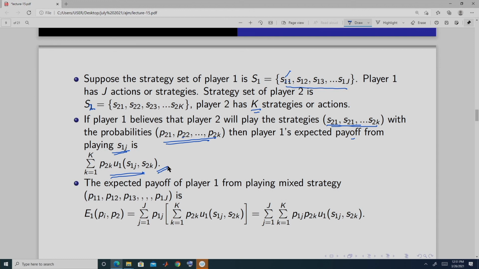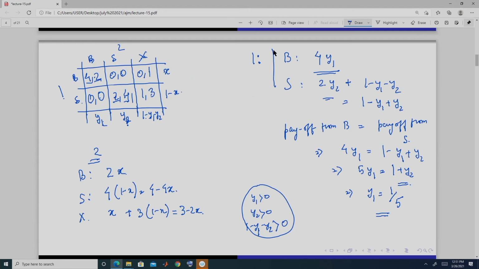Now, the expected payoff of player 1 from playing a mixed strategy: player 1 is playing the mixed strategy, attaching this probability. So, the expected payoff of player 1 is 4y1 times x plus (1 minus y1 plus y2).